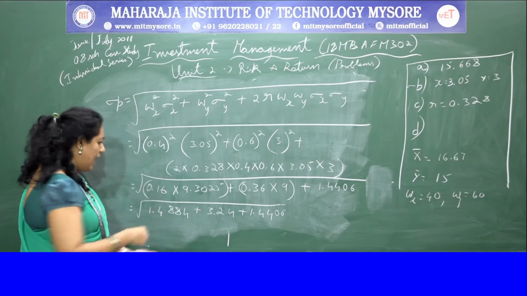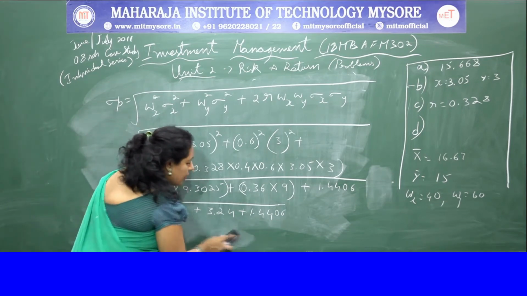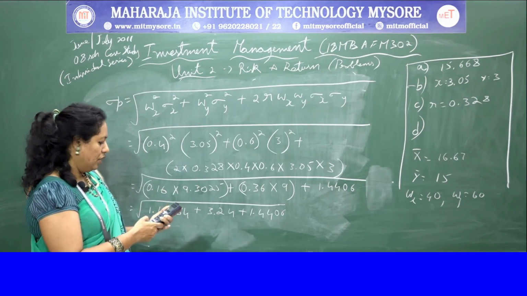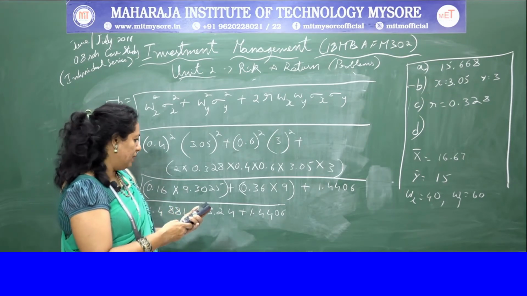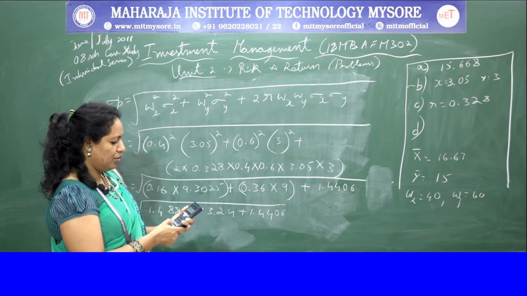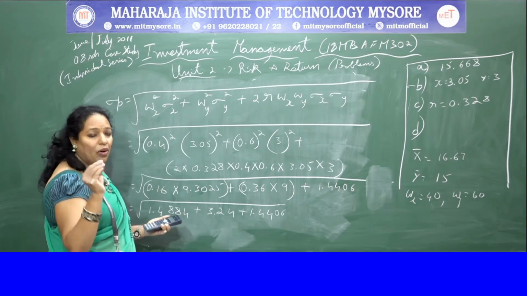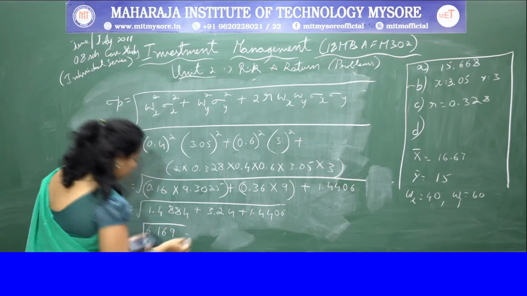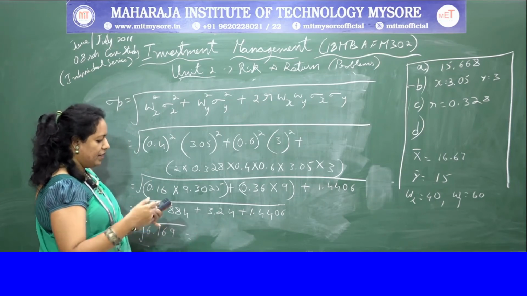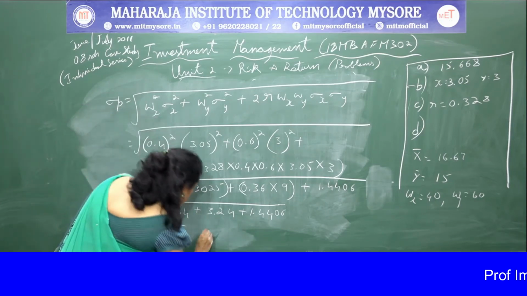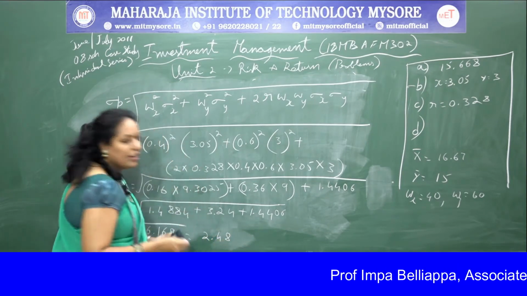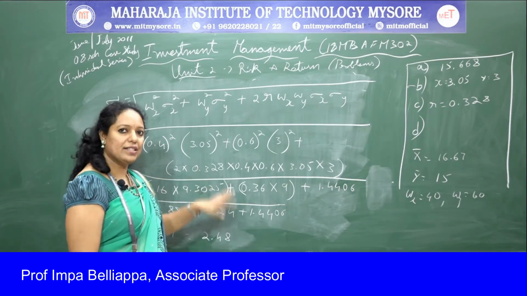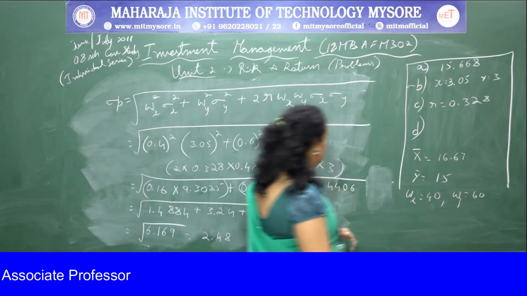Let's add all of this: 1.4884 plus 3.24 plus 1.4406 gives 6.169. Not to forget your root, so I'll write root of the answer. You get 2.48. So the risk, if you invest in the ratio of X 40%, Y 60%, is 2.48.